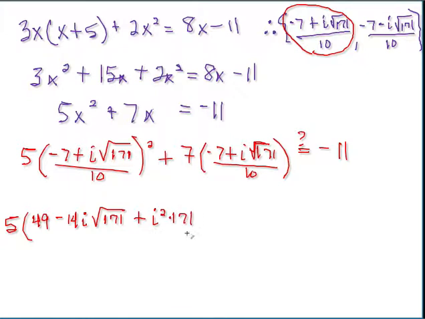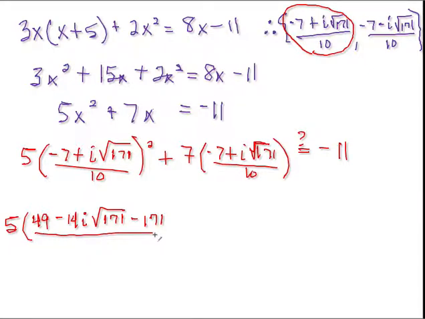But i squared is negative 1, so what I really have here is minus 171, and all of this is over 100. Plus, now I'm going to distribute the 7 to both of these terms, and again this is a negative 7 right here.